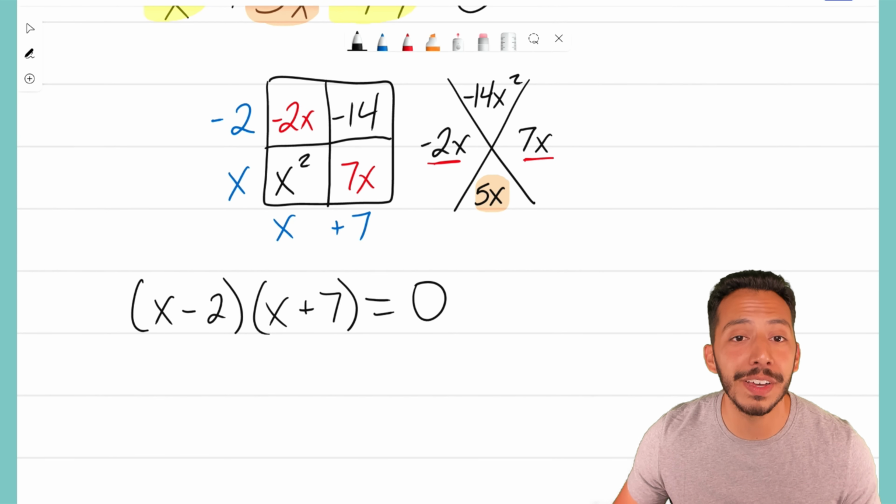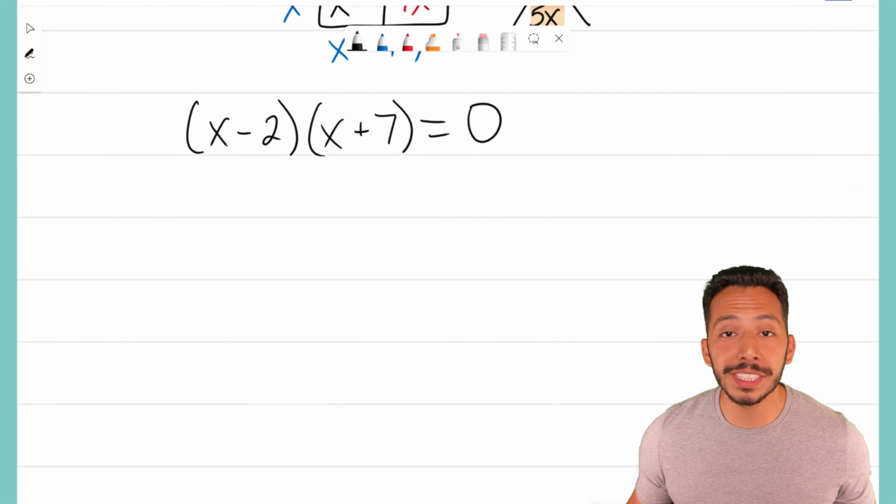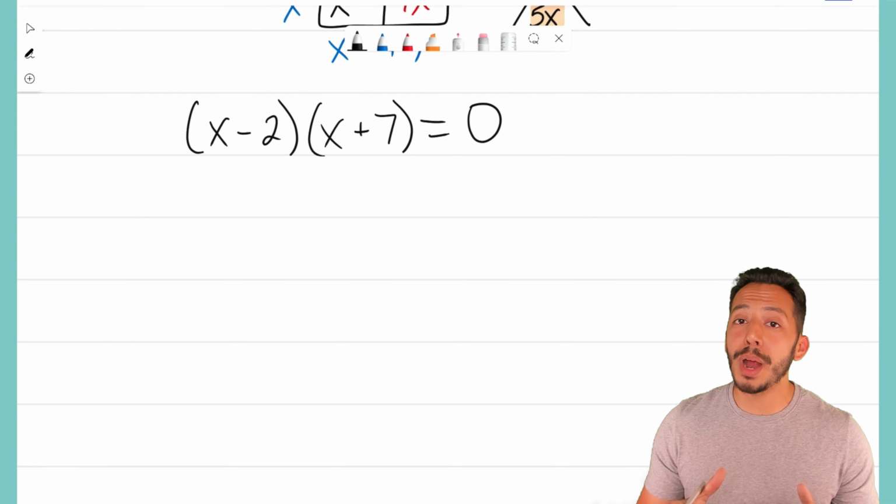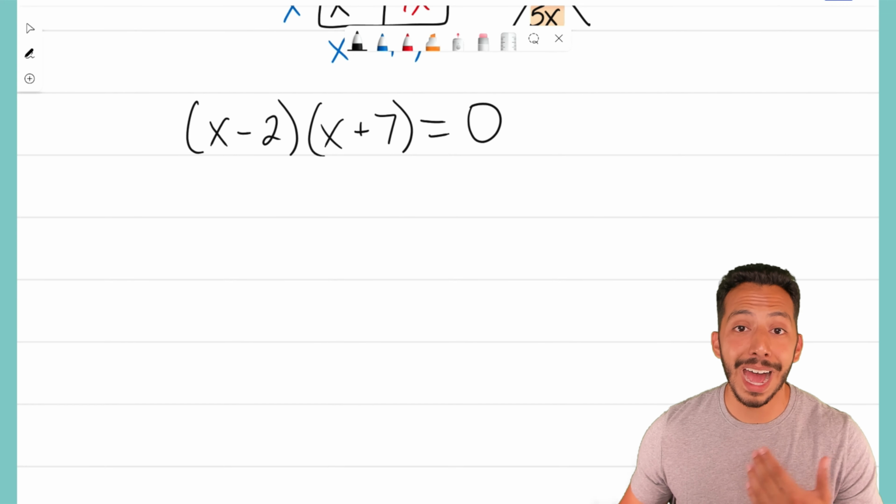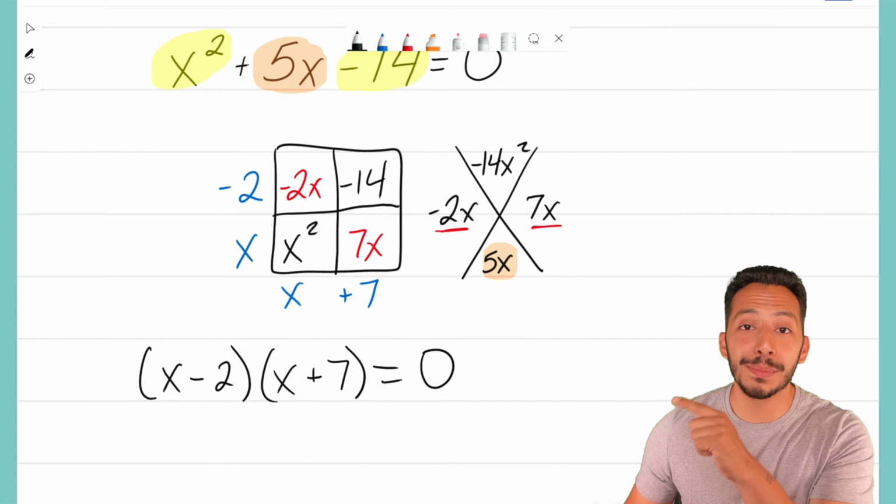Now that we have these factors, we can do the zero product property. And the zero product property is not the difficult part. I would argue factoring is the more difficult part.